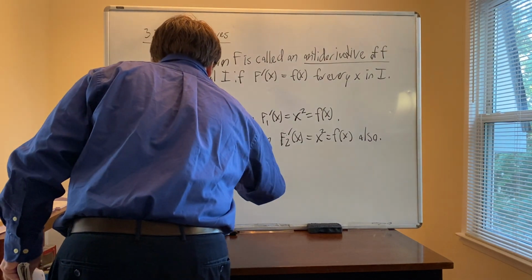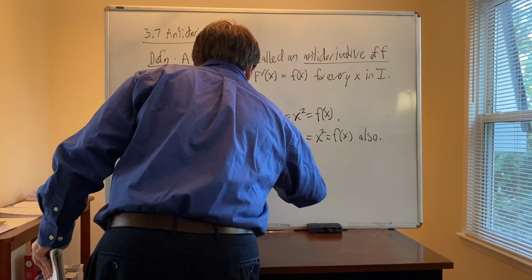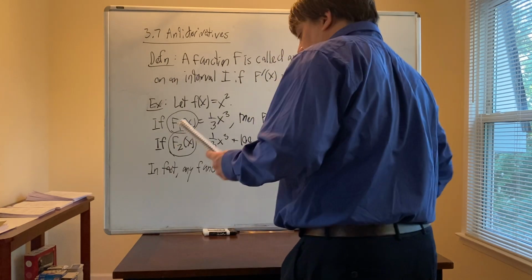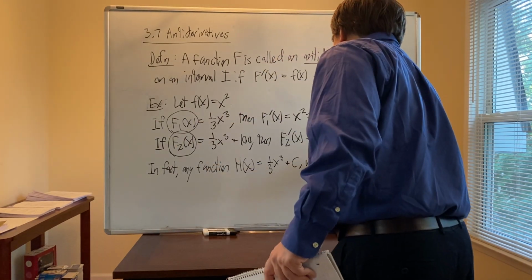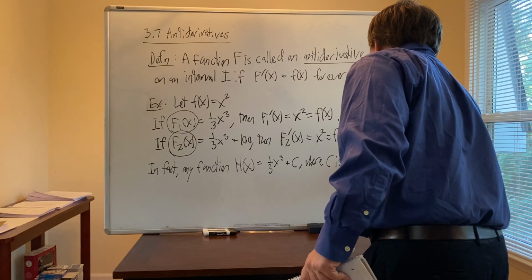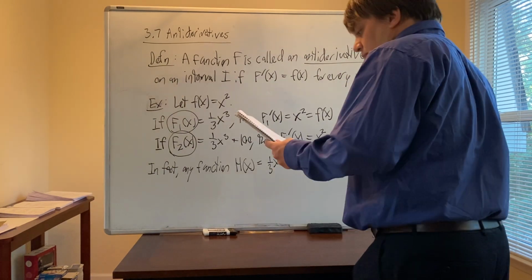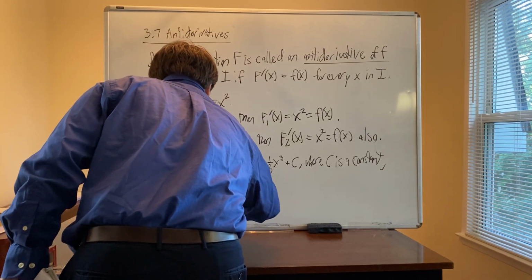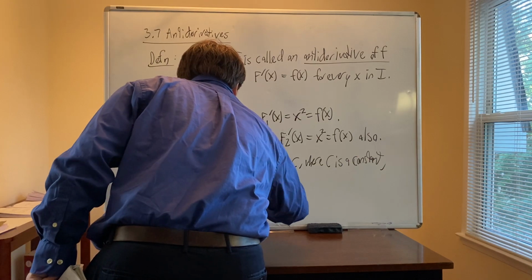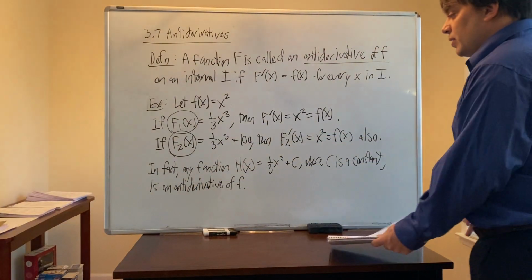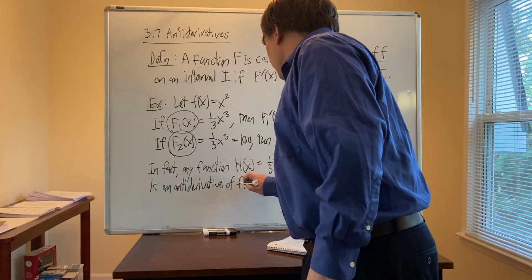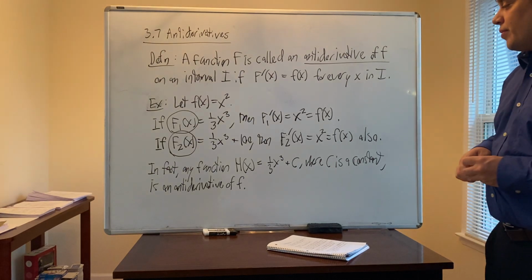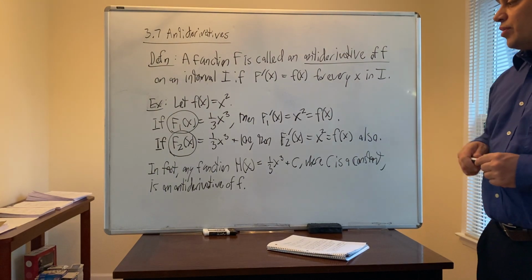In fact, any function capital H of x, which equals 1/3 x cubed plus capital C, where capital C is a constant, is an antiderivative of little f. So here I'm showing you a family of functions that are antiderivatives of little f.